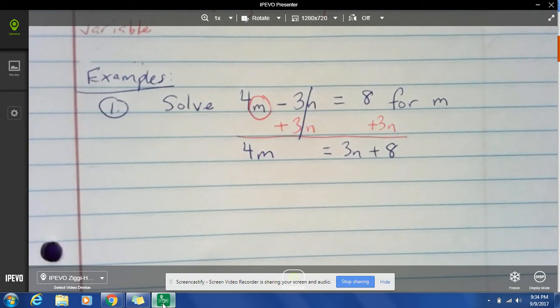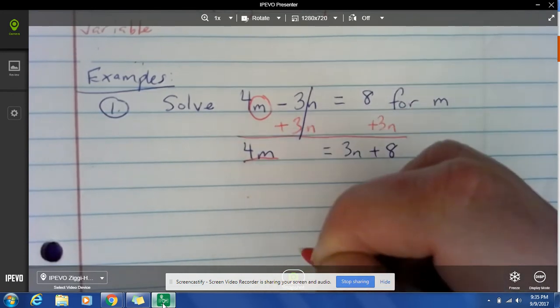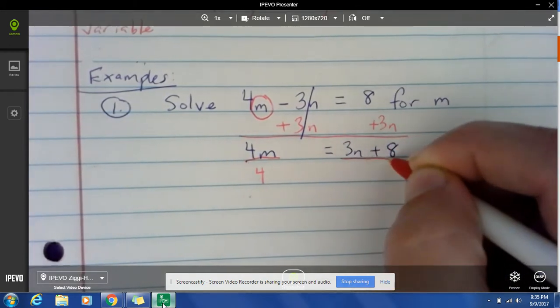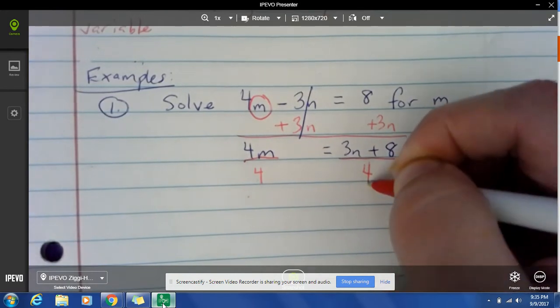Then if solving an equation normally, what we would do next is say, all right, this is 4 times m going on. We're going to have to undo the multiplication. The way we undo the multiplication is with division. So we're going to divide both sides by the coefficient of m, so here, divide by 4. We're going to divide by 4 here. And then over here, guess what?